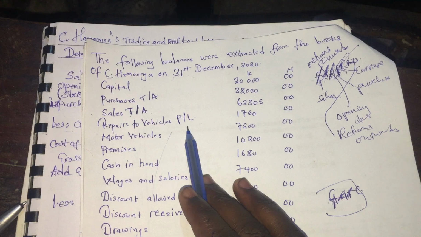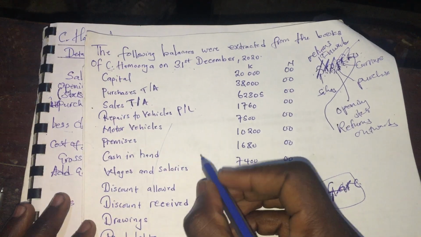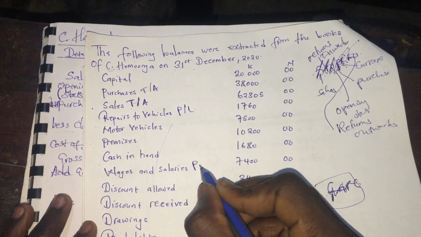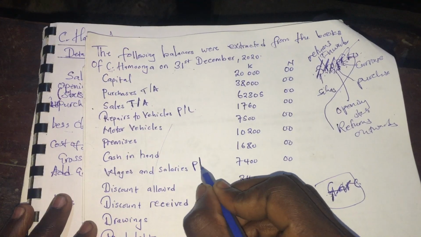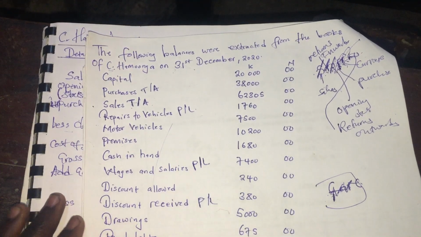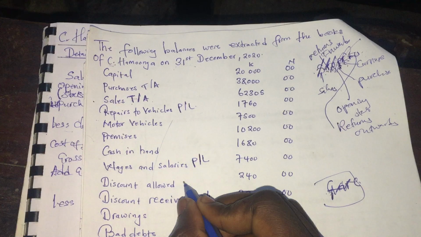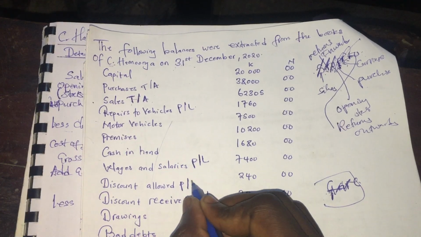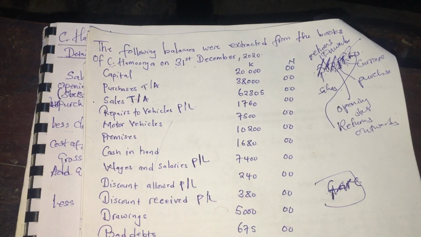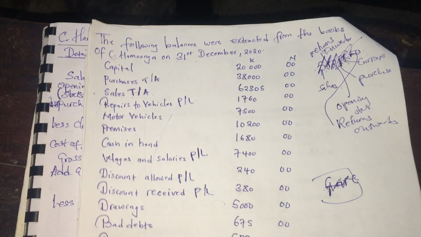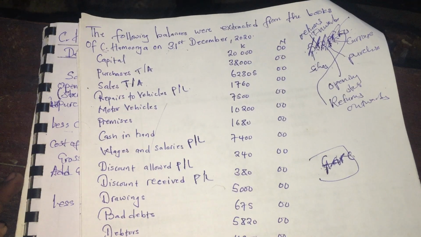Also wages and salaries, you'll be spending, giving out to workers. Profit and loss. Apart from this, the discount allowed is also profit and loss. It simply means it's the reduction given by the seller. Also bad debts.